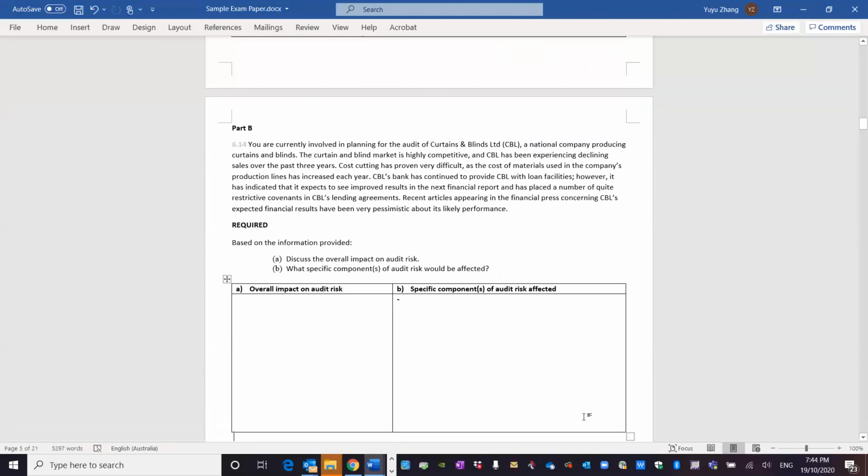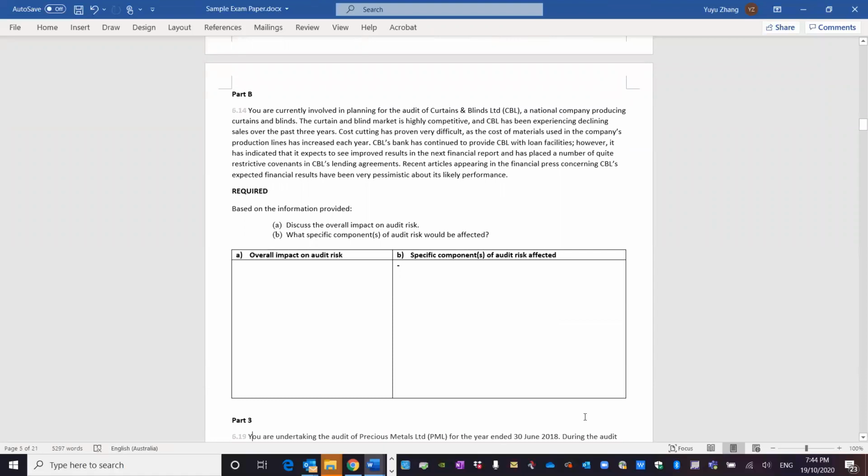Okay, part B. This is a very short case, so it should be very easy. From this case, what is the impact on audit risk, and also what components of the audit risk will be affected? So this company is Curtains and Blend.